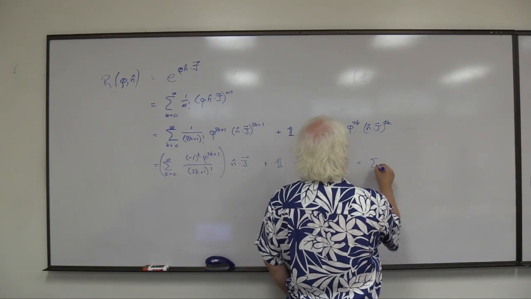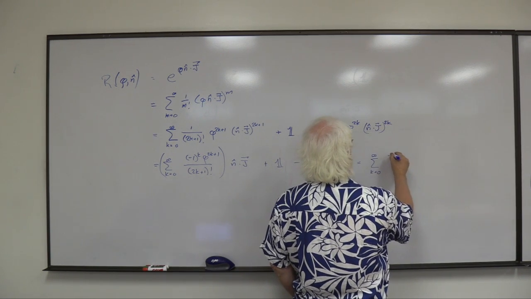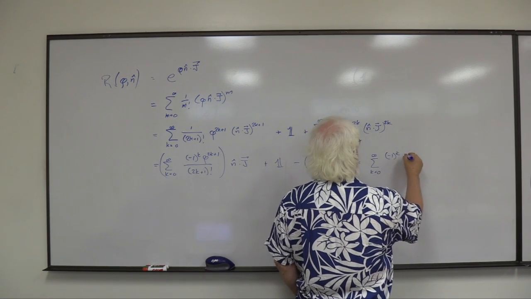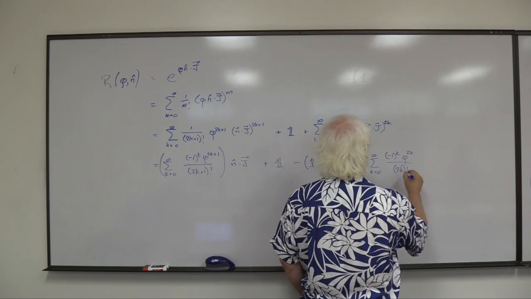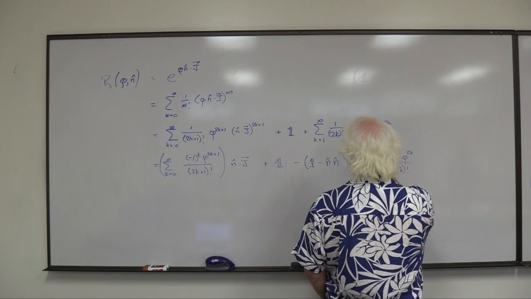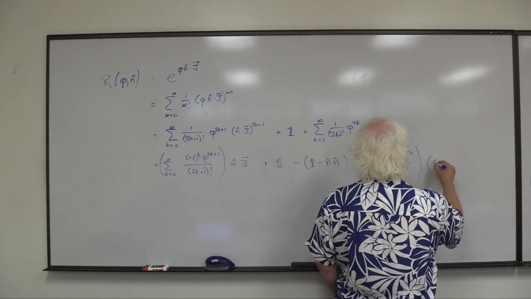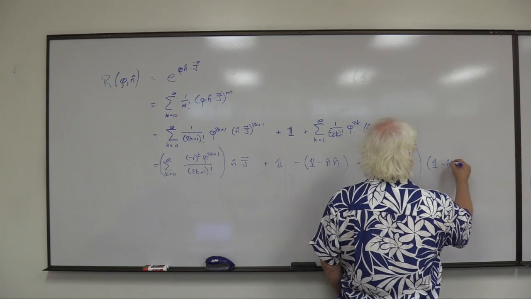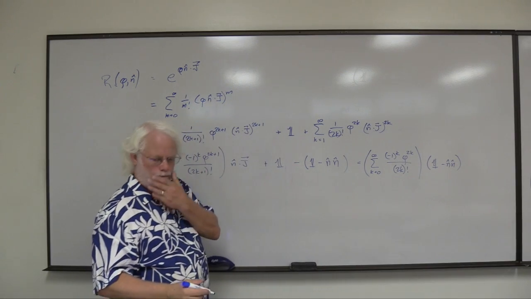So now we'll have the sum k equals 0 to infinity of minus 1 to the k, phi to the 2k over 2k factorial. And then coming out of the whole thing, we'll have the identity minus n n. So that's an equal sign, you said?